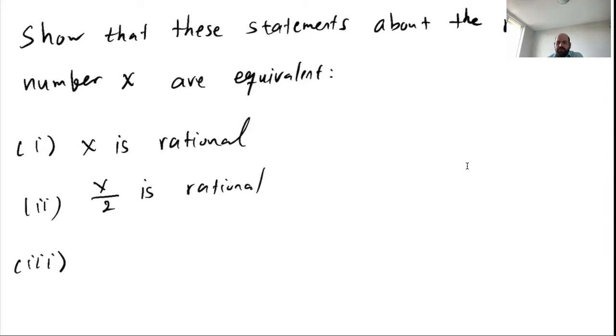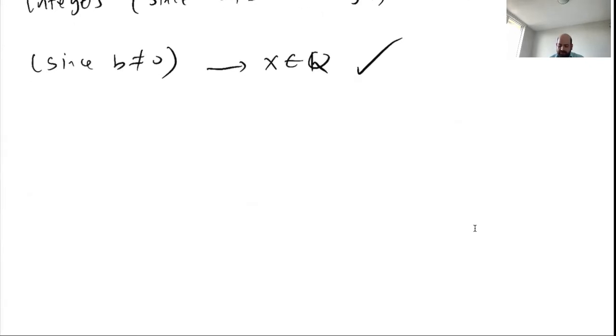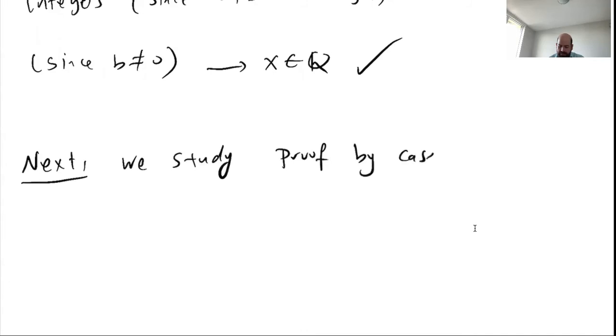All right, so the next topic is proof by cases. The next thing we study is proof by cases.